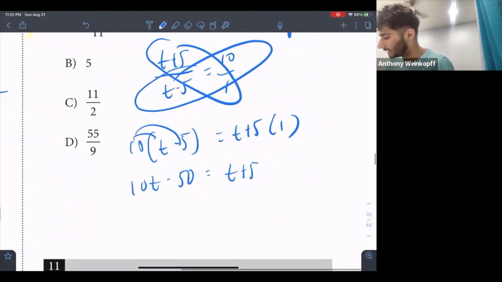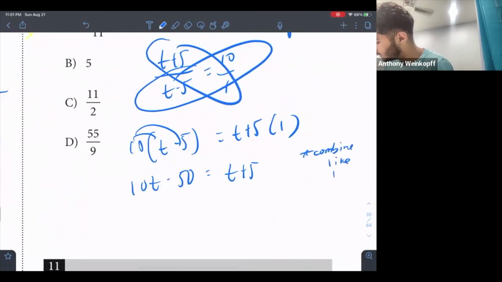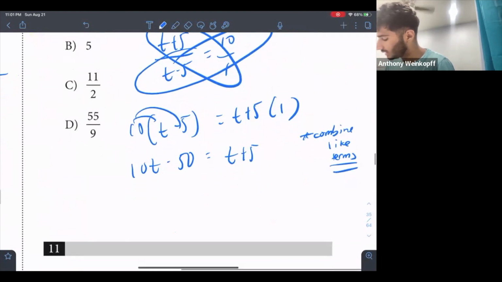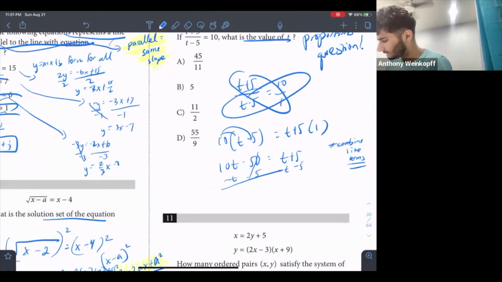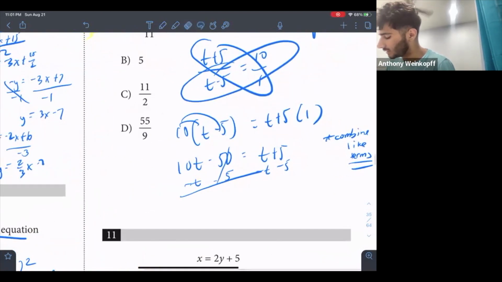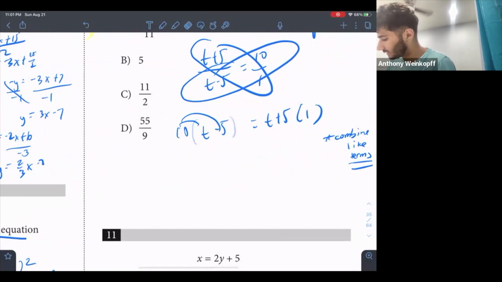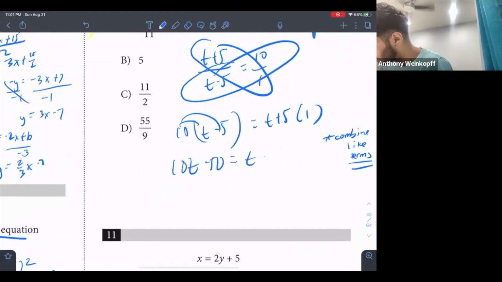And then you would combine like terms. So 10t minus 50 is equal to t plus 5.